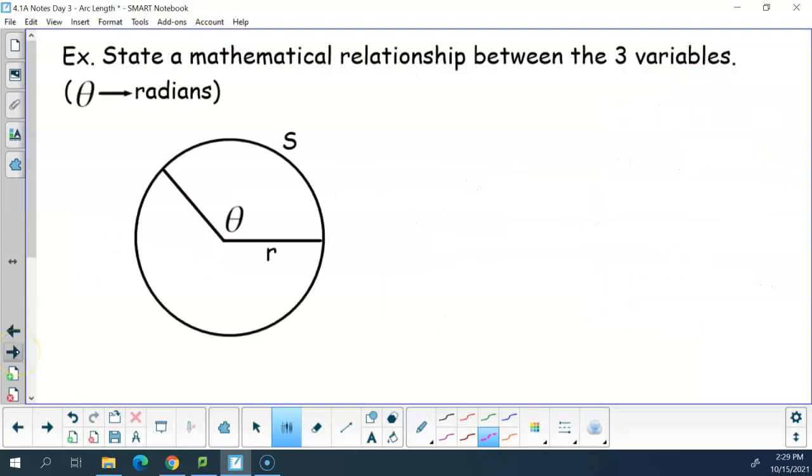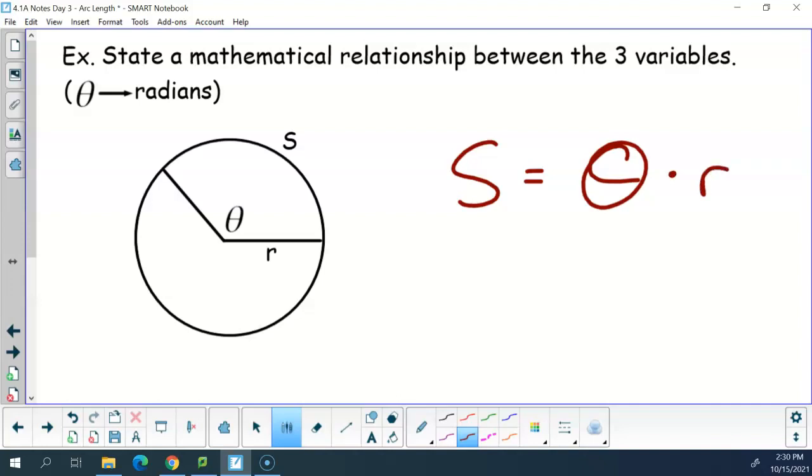So in trig, we can have a mathematical relationship between our 3 variables. Our 3 variables are s, theta, and r. And so that mathematical relationship is simply that the arc length is equal to theta times r.